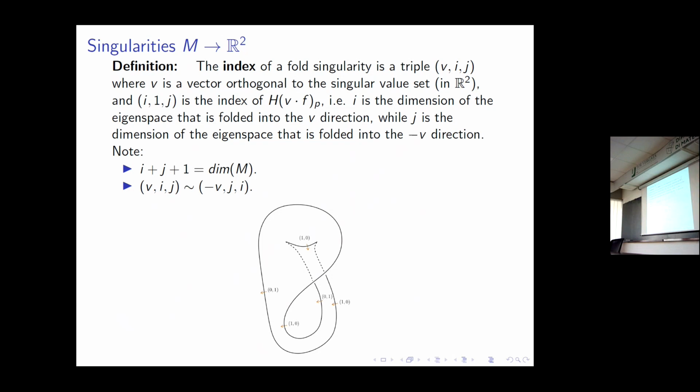So there are i directions of the manifold that are folding into the vector v, and j directions that are folding in the opposite direction, the minus v direction. i plus j plus 1 is the dimension of the manifold, and if you negate v, you switch i and j, and otherwise this index is essentially well defined. Yeah, so that's the definition of an index, or at least the one we use.